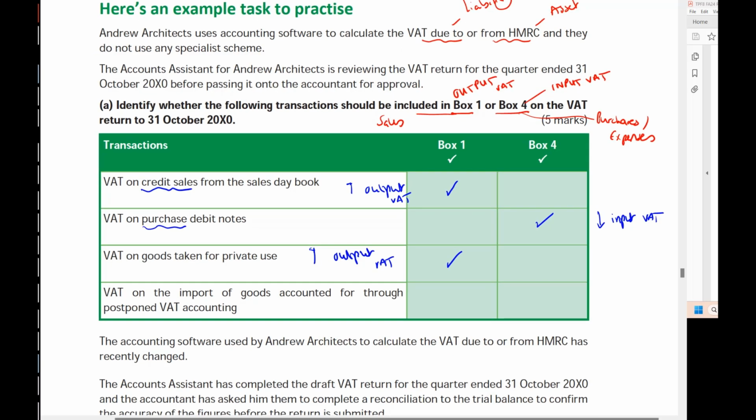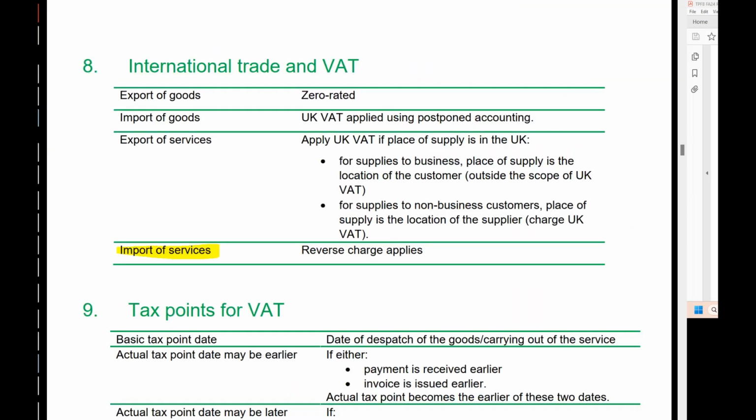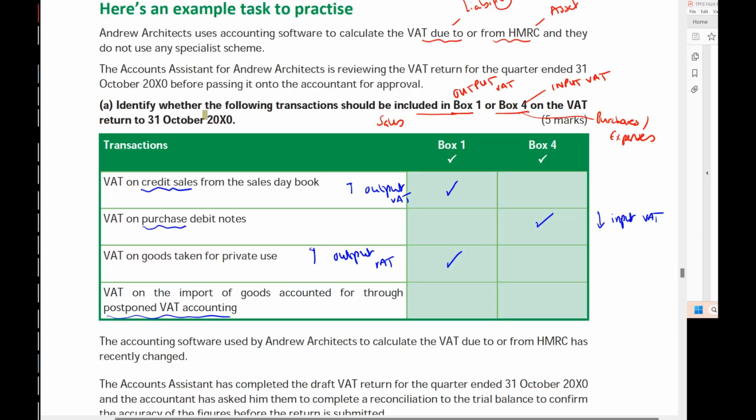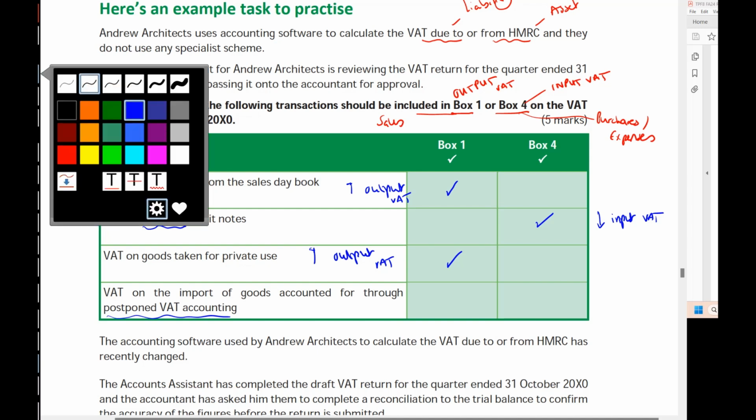And then VAT on the import of goods accounted through postponed VAT accounting. There is a section in the reference material about international trade. And the import of goods is dealt with under postponed accounting. What it means is that as the goods are imported, so the goods arrive in the country, it is the responsibility of the UK taxpayer to include the VAT on those goods in both box 1 and box 4.